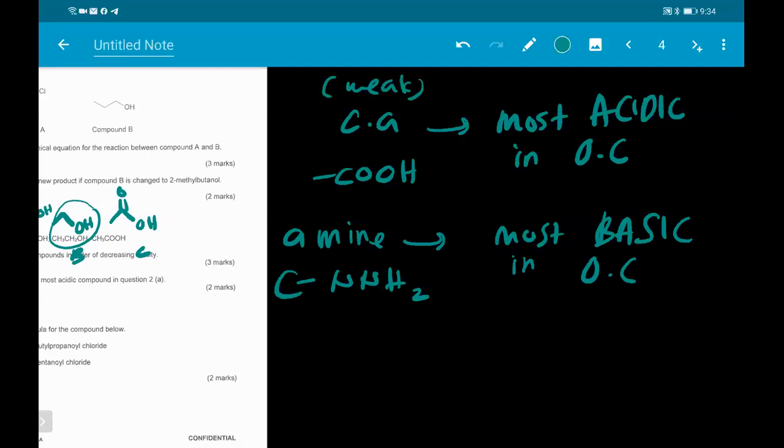Amine pun adalah weak base. Can anyone give me an example of strong base? Ni dah tanya basic masa korang belajar part 1 dulu. Okay. Husna, sodium hydroxide.